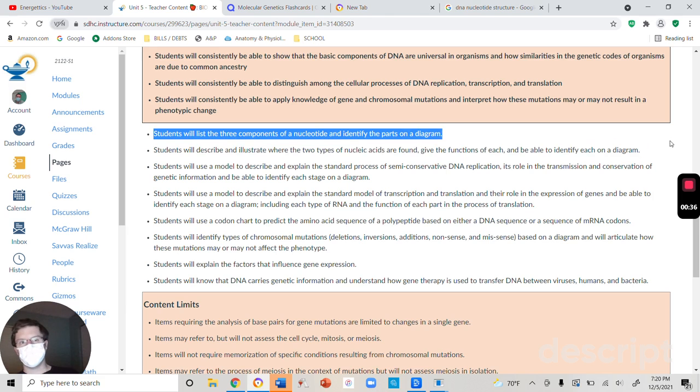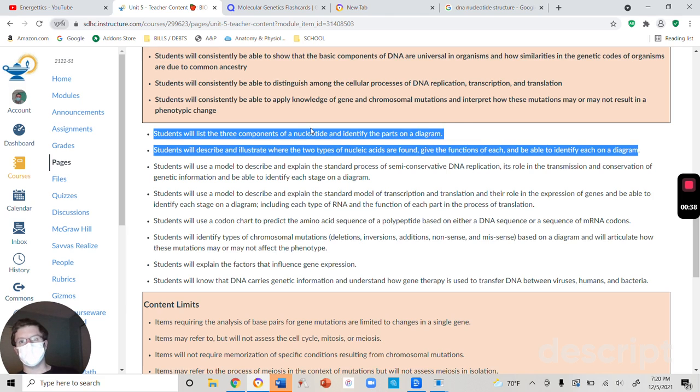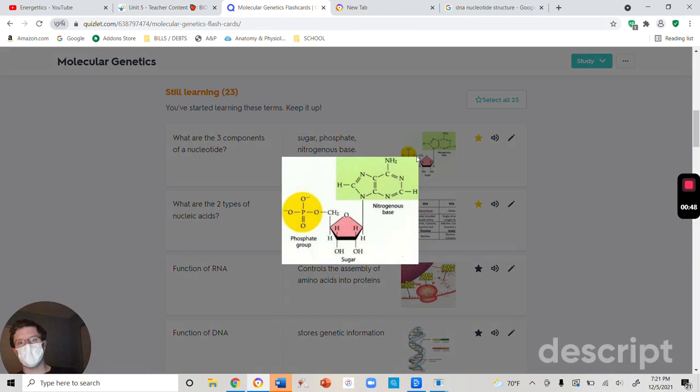So we're going to talk about nucleotides and nucleic acids. So for nucleotides, you need to be able to identify those three components. So those of you that might have looked at the flashcards, you see you got your phosphate group, your sugar, and your nitrogenous base. The nitrogenous base can change depending.